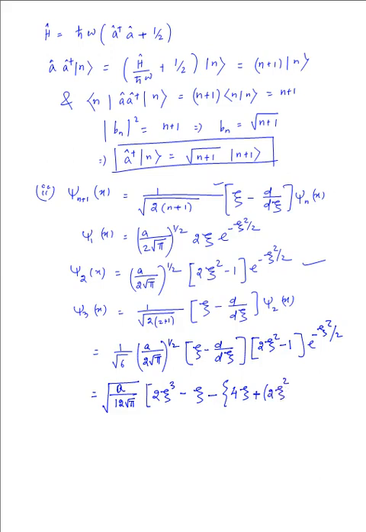So now we have 2 xi squared minus 1, that is the first term, and the derivative of the second term is going to give us negative half multiplied by 2 xi, and we have the exponential term of negative xi squared over 2.